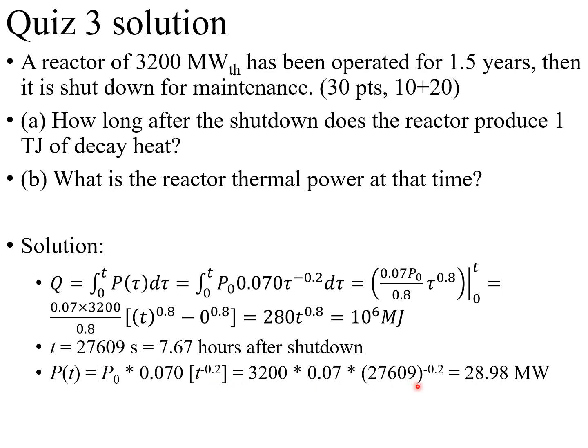Then the result will follow this megawatt unit. That is roughly 29 megawatt. So after roughly 8 hours, the reactor is still producing 29 megawatt of thermal power.